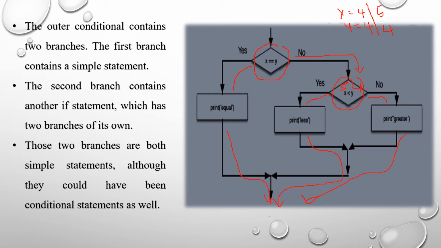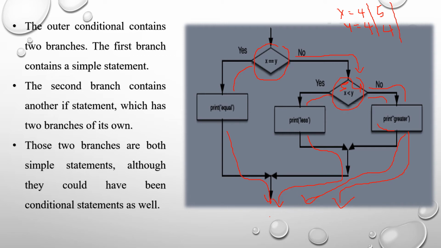But x is 5 and y is 4, so the condition is false. The Python interpreter is going to execute this branch. The output is greater. The final result is the greater value.